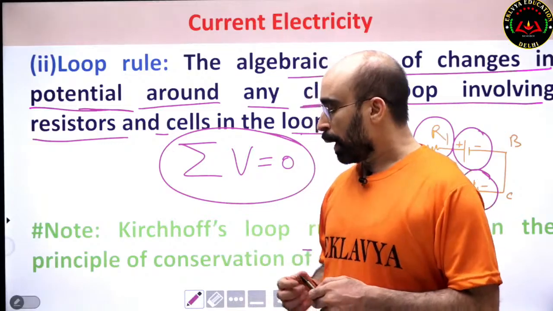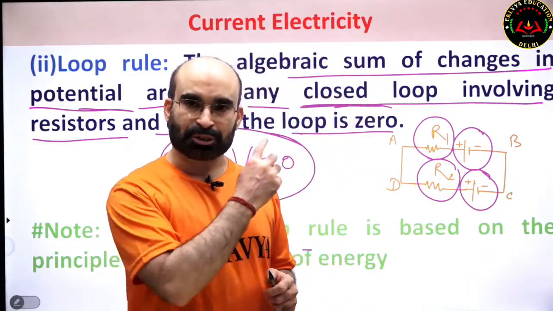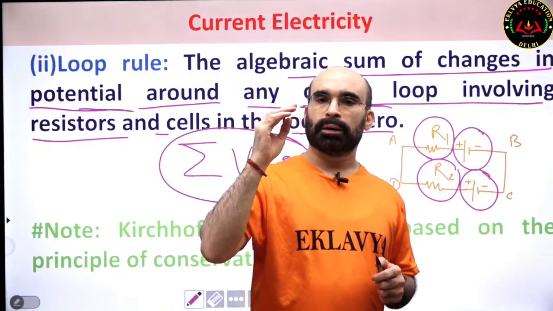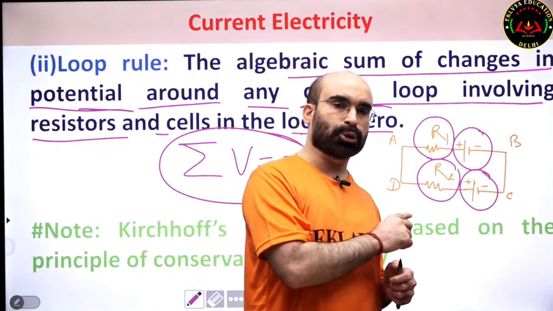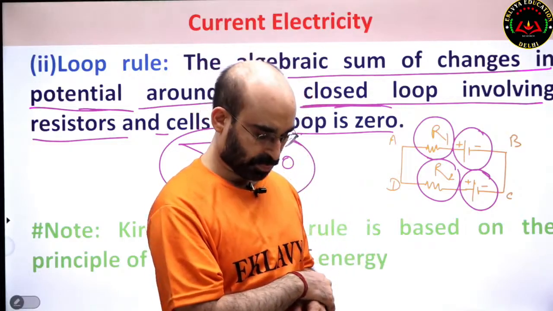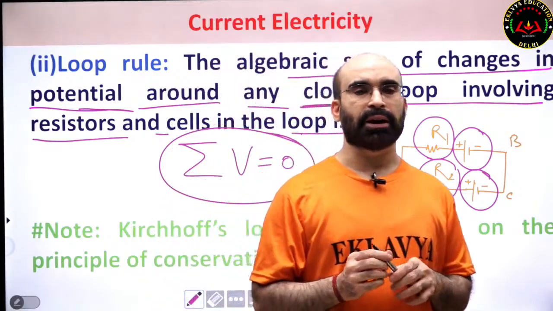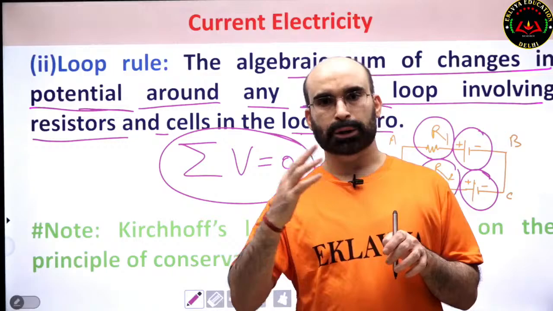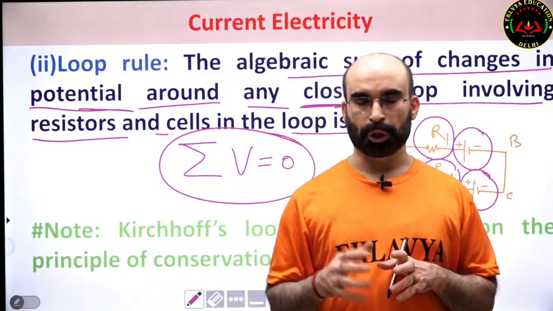Right? So we need to understand in junction rule, as we looked into sign convention, we need to look into the sign convention in this rule as well. So far you are aware that potential difference across the resistor is I into R from Ohm's law.